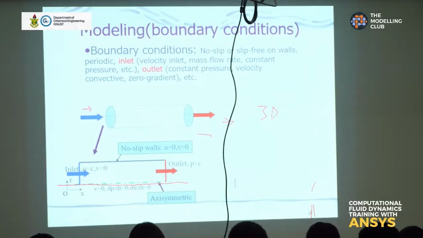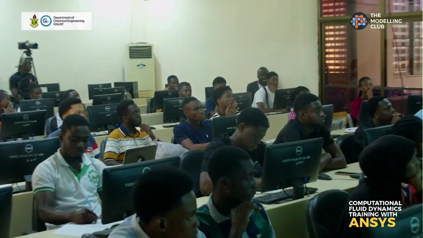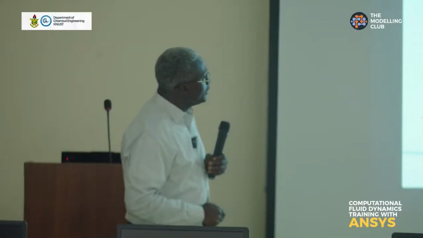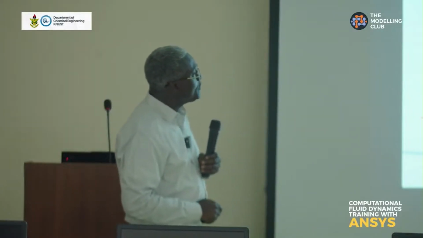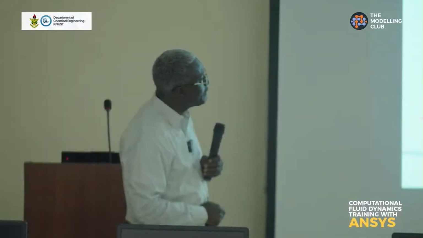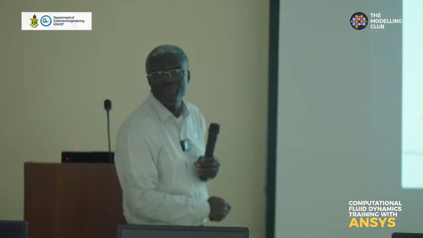The rate of change of the velocity in the radial direction is also 0. Okay, yes? Why is the velocity 0 at the line of symmetry? Basically, the velocity enters constant inside the pipe.